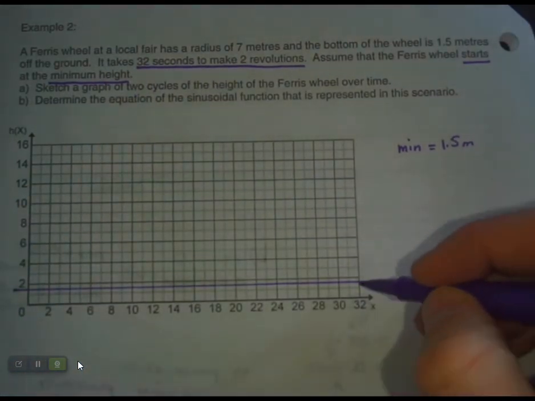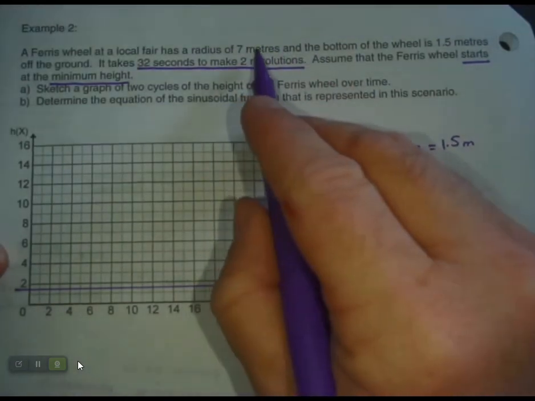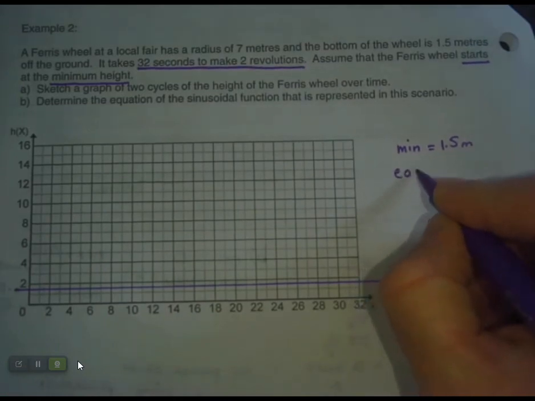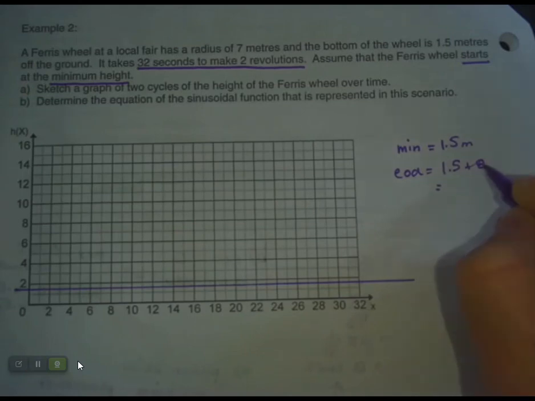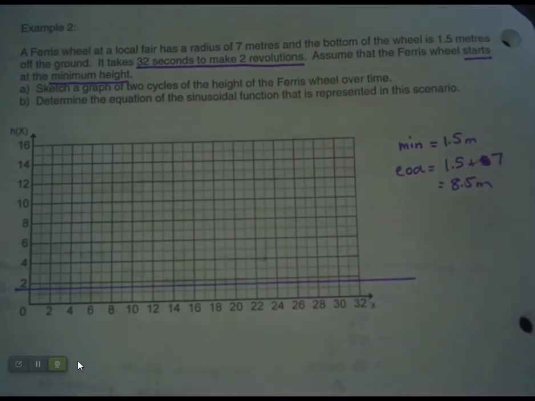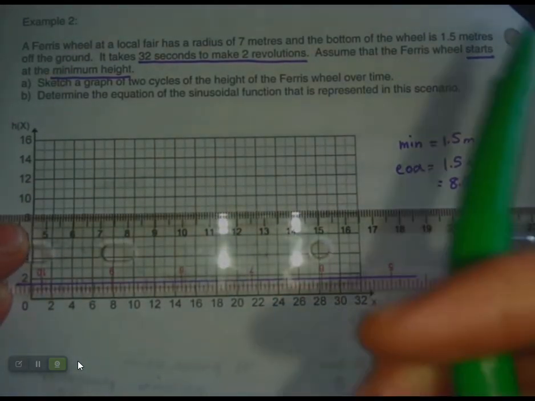The radius of 7 meters tells us that halfway up our graph, we're going to be 7 meters above the minimum. So we're actually going to be at my EOA, at 8.5 meters. So I have to kind of troubleshoot what I know.